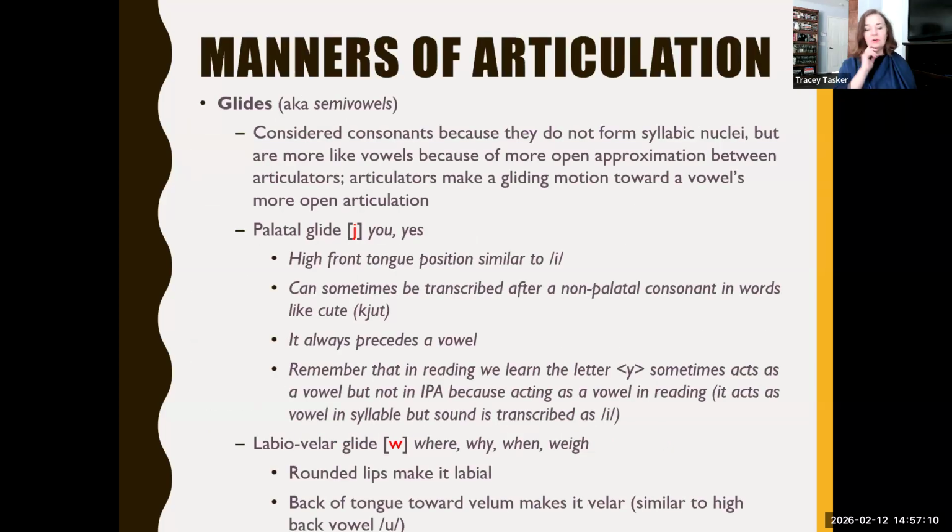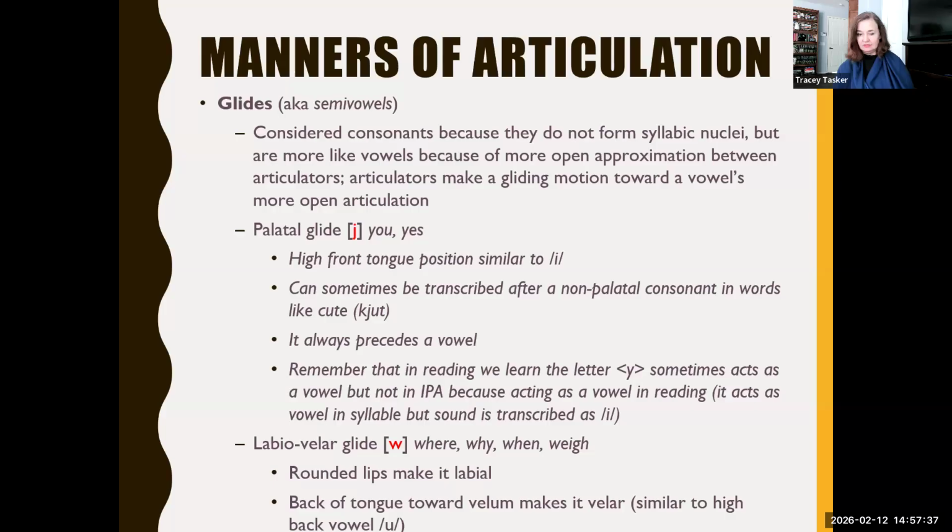Okay, so we talked about liquids, laterals, and rhotic, and now we're going to talk about glides. Glides are also considered more vowel-like among the consonants. They don't form the nucleus, but they have a more open vocal tract. As I mentioned before, don't get confused with this symbol.